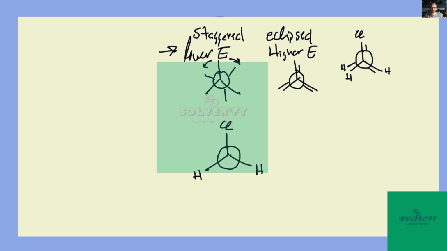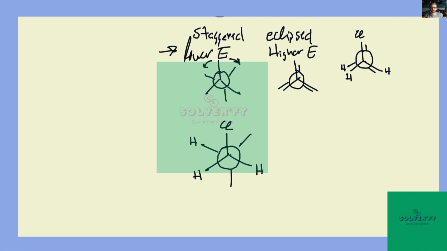So if I rotated the back like that, 60 degrees to the right, suddenly I would have a methyl here and a hydrogen here. And this is basically the answer to the question. This is what you would need to draw to get the correct answer.